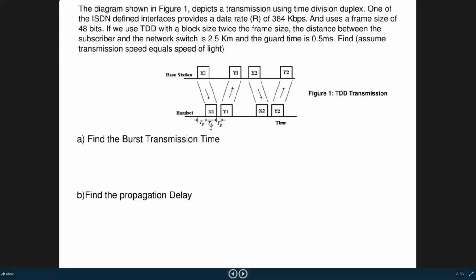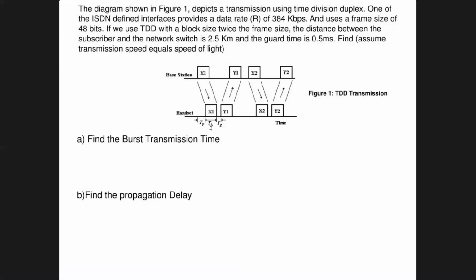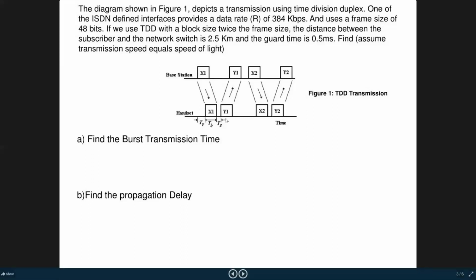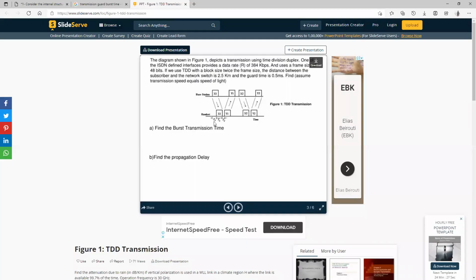The burst time is basically the amount of time needed to transmit the block of data from one end to the other. And the guard time is the time between two blocks of data, right? So that's regarding the propagation delay time, the burst time, and the guard time.